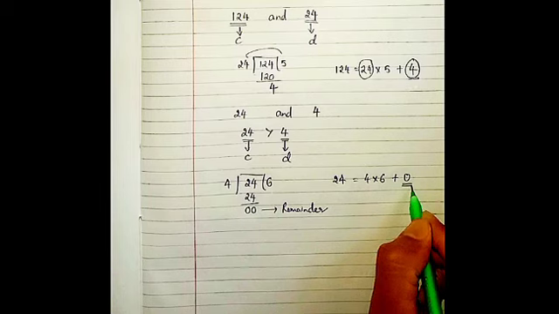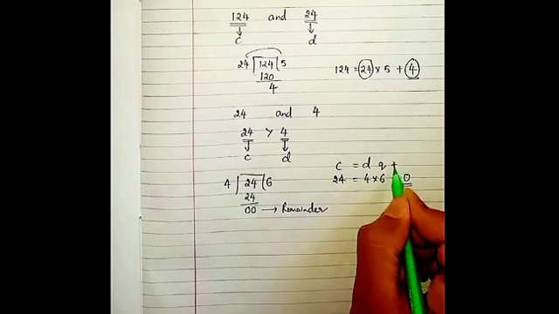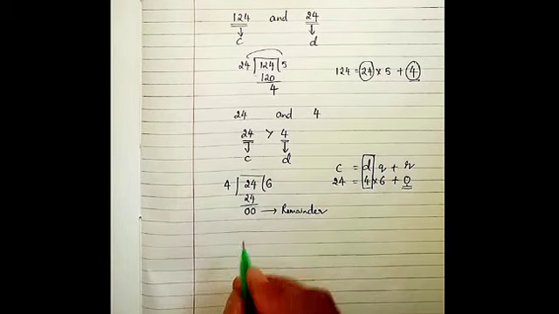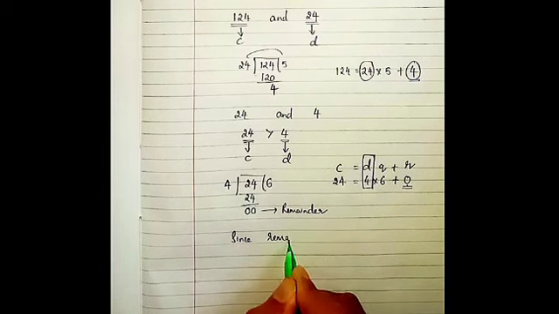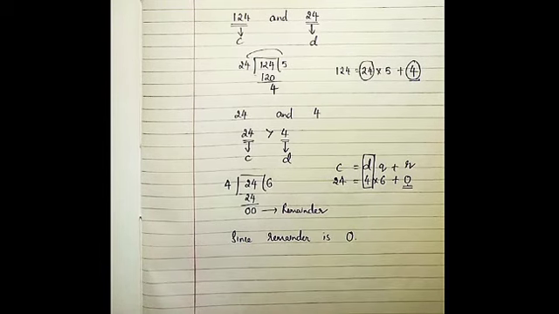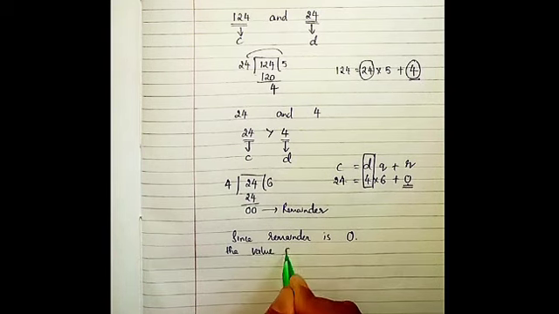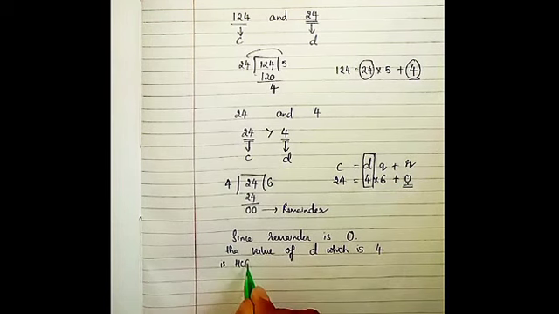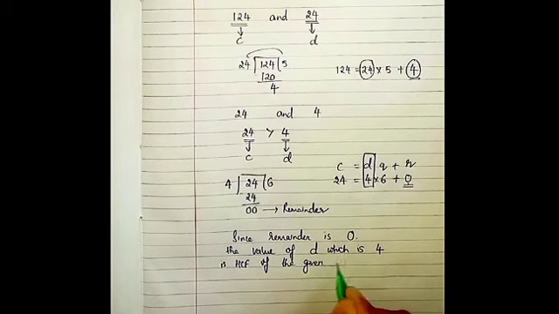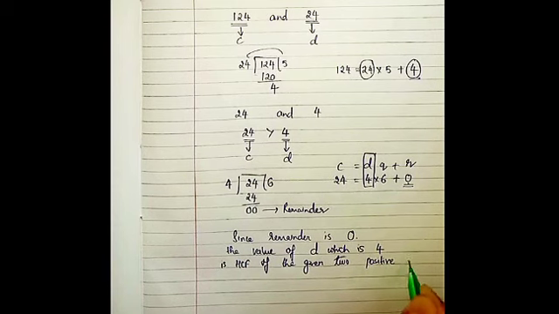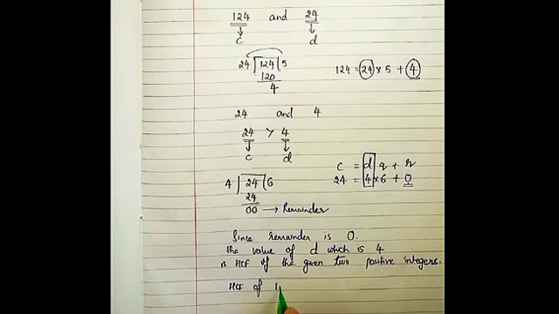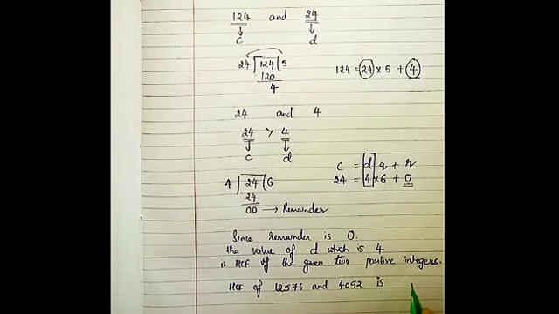So at this stage where remainder becomes 0, the value of D, which is 4, is the HCF of the given two positive integers. So HCF of 12576 and 4052 is 4.